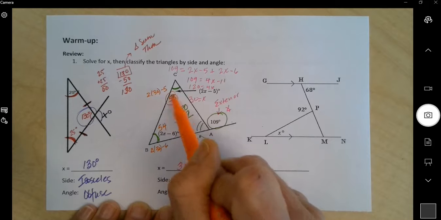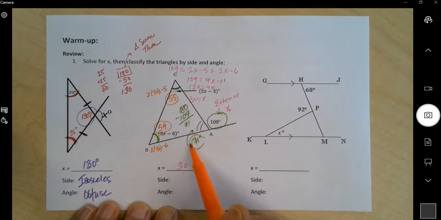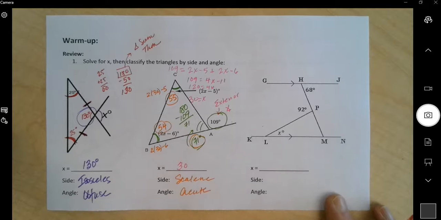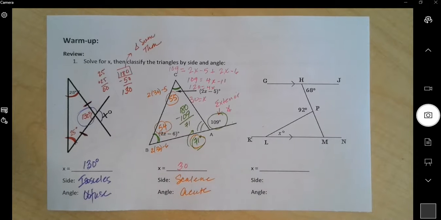So if I look at a 55 degree, 54 degree, and 71 degree triangle, I know that's going to be a scalene because they're all different. And I know that's going to be an acute triangle because all of my angles are less than 90 degrees.